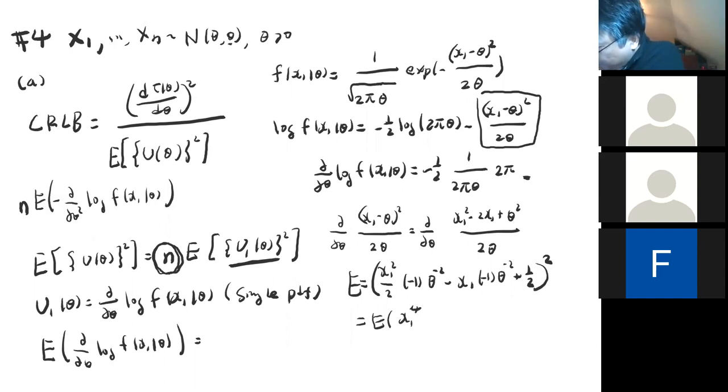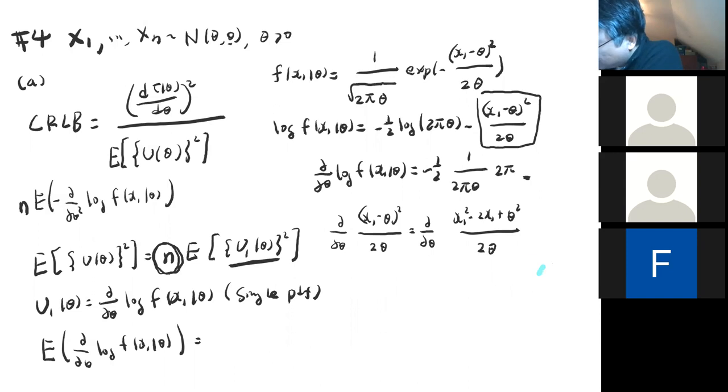So then let's do the second derivative, taking everything out right here. Sorry about that. This would be the partial of half x1 squared, minus 1 over theta minus 2, minus x1 minus 1 over theta minus 2, then plus half.